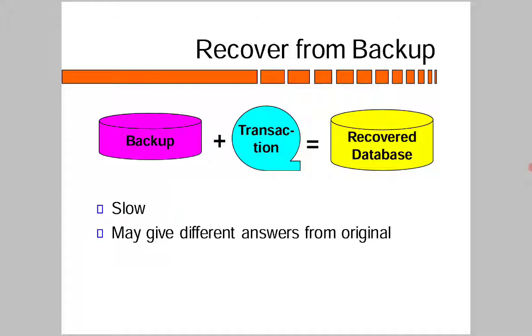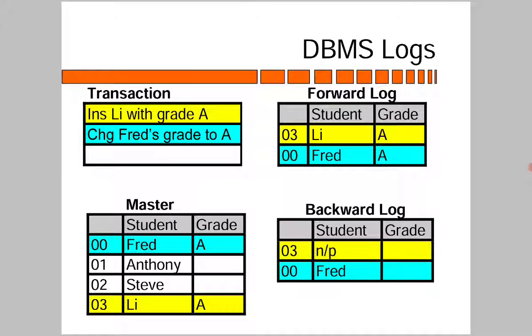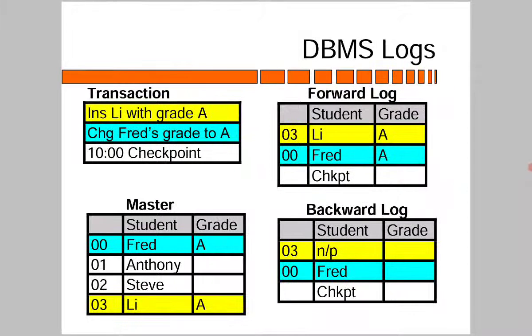It is called restore. The backup will be restored with the help of a transaction only. We may restore the original backup. It is called the recovered database. So DBMS logs are used to record everything about transactions, forward log, backward log, master files, like that.